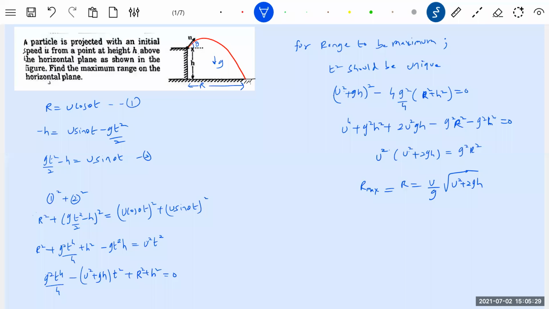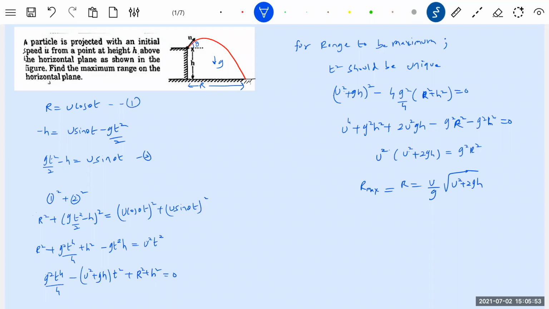I'm applying the mathematics that you all people know. I think this also you remember. This condition also you remember. It will be much easier. Sir, where did you get the 2u square into h into g from, sir?